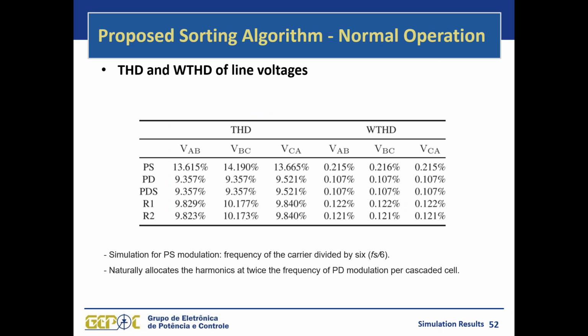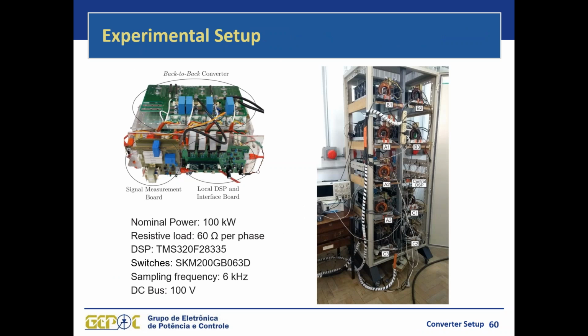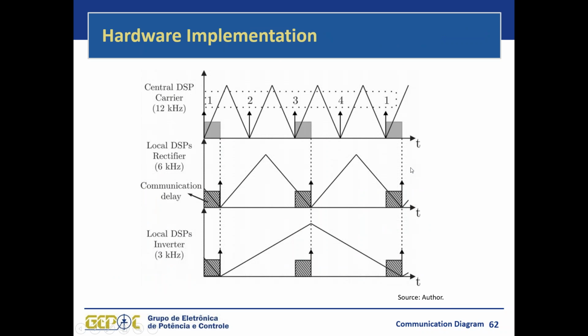But the inverters of each one of the cells are switching at 3 kilohertz. This higher frequency for the central DSP is just to perform the control of the overall inverter. Okay.